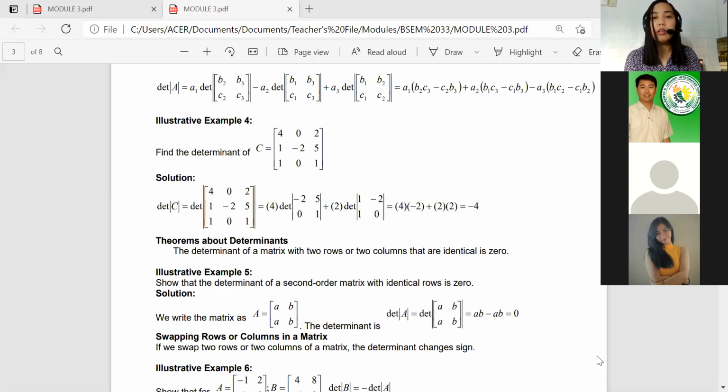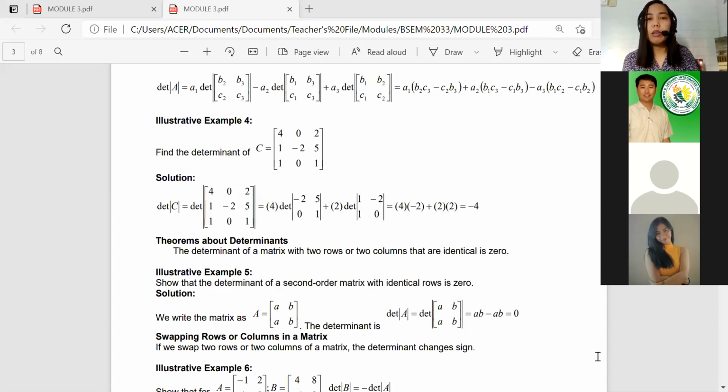Theorems about determinants. The determinant of a matrix with two rows or two columns that are identical is 0. When you get the determinant wherein same ang row nila o kaya either row or column, both of them are the same.